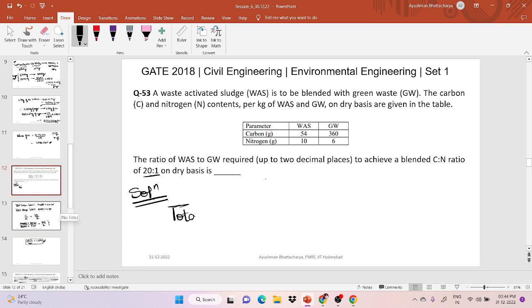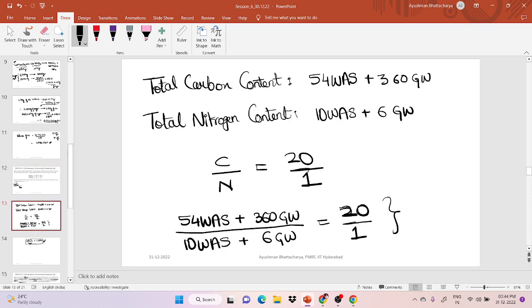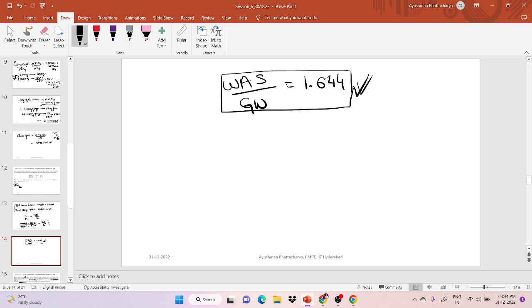So we know the total carbon content in both wastes and total nitrogen content in both wastes. Then we applied the required C by N ratio, 2 to 1. We wrote the total carbon content over total nitrogen content. After solving this, you will get the weight of activated sludge by green waste as 1.644.